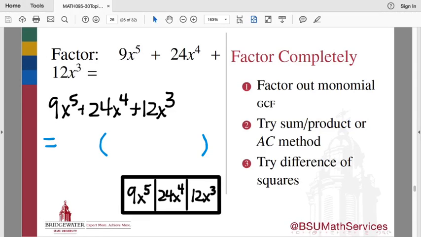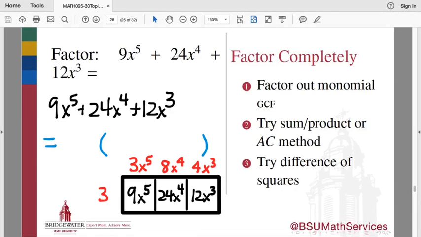We have 3 terms, 9x to the 5th, 24x to the 4th, 12x to the 3rd. And the idea is, if all 3 of those terms have something in common, like for example, the number 3, 3 goes evenly into 9, it goes evenly into 24, it goes evenly into 12, then that means that I can factor out a 3 from each of these terms, and what I'll have left over is 3 times 3 gives me 9, 3 times 8 gives me 24, 3 times 4 gives me 12, and I'll still have x to the 5th here, x to the 4th here, x to the 3rd here.